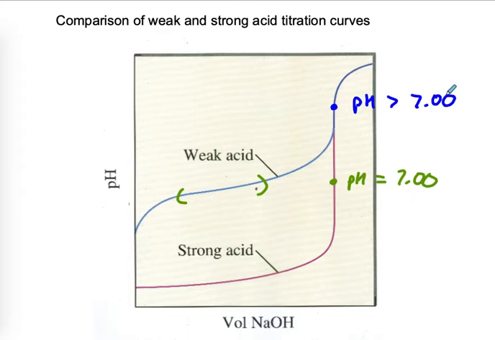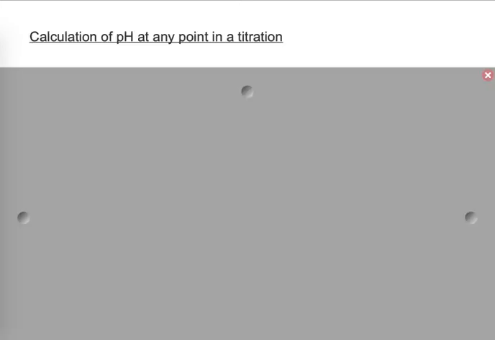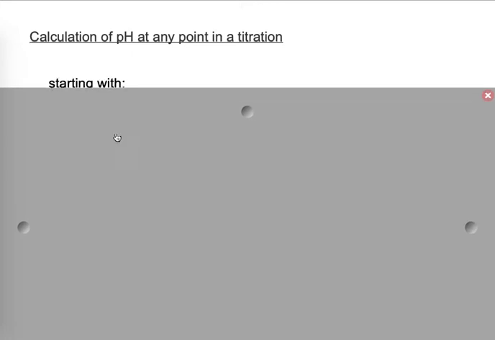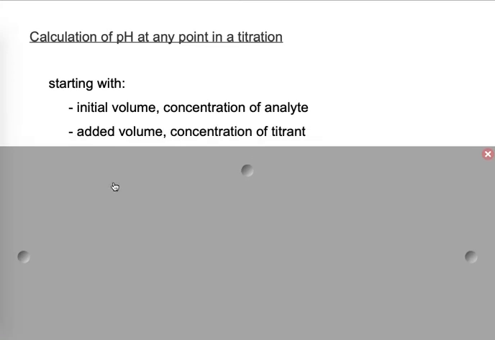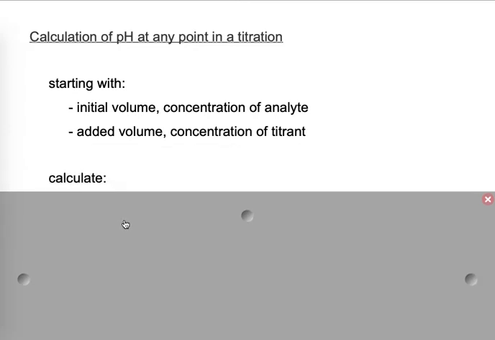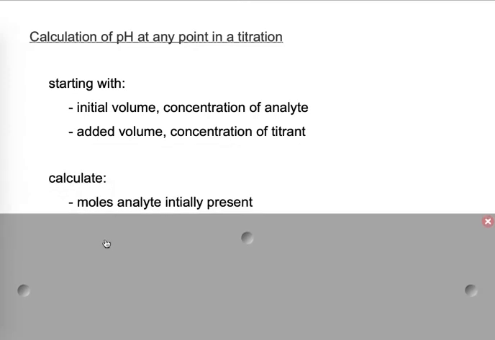Now, one of the points that I made earlier on is that one of the things you can do is calculate the pH at any point in a titration, starting with the initial volume and concentration of the analyte, meaning the stuff that we're titrating, and the added volume and concentration of the titrant, the stuff we're titrating with. We'll calculate, in this order, the moles of analyte initially present, using moles equals molarity times volume.